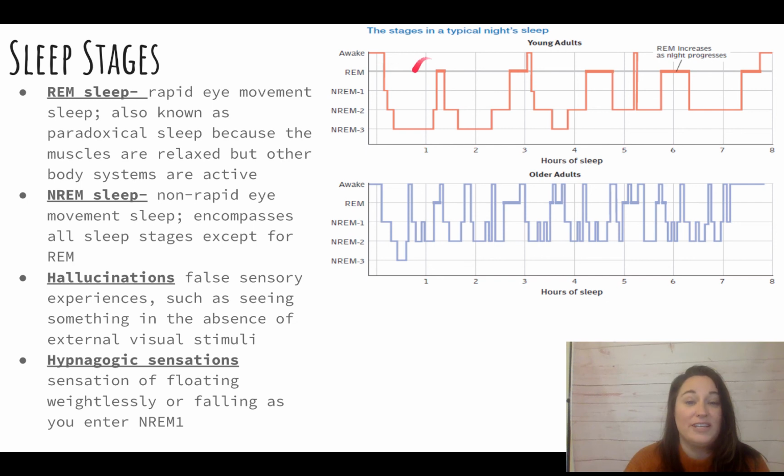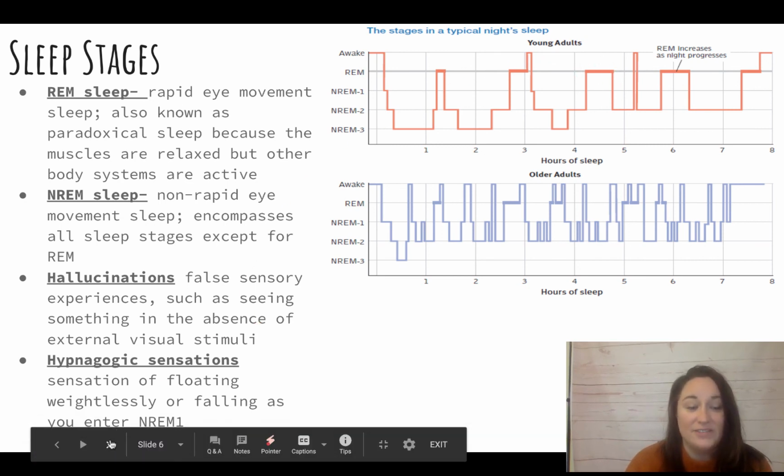But in order to get to REM, your body has to successfully go through all these cycles. And one thing I should point out while I'm back here at this, notice how REM starts off really small and it gets bigger as the night goes on. The more you sleep, the longer you are in REM. And guess what? That is good for your memory.